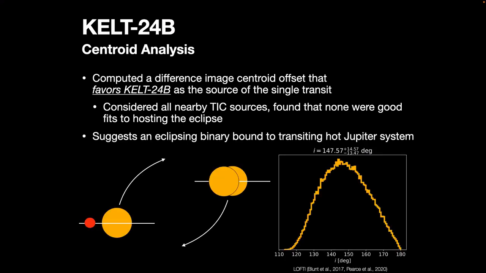And this would be really interesting because what it would suggest is that we have an eclipsing binary in KELT-24b that is actually bound to a transiting hot Jupiter system. And so what we've got are these 2 edge-on cases that, based on some rudimentary orbital analysis we've done based on some instantaneous Gaia proper motion measurements, among a few other assumptions, we can estimate an inclination that is pretty far off edge-on.